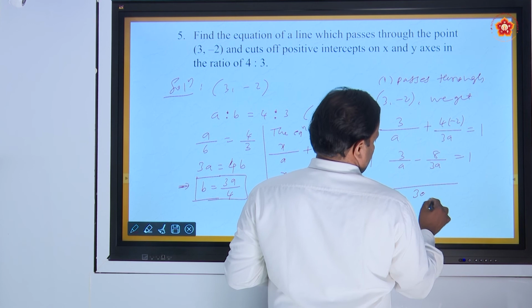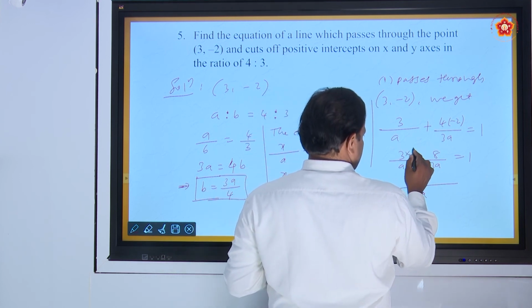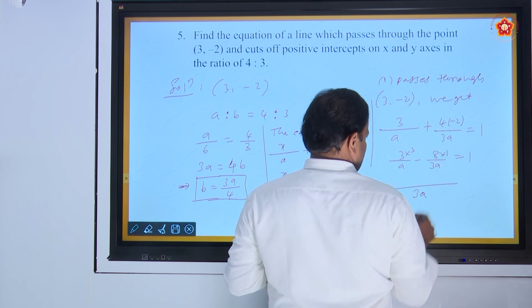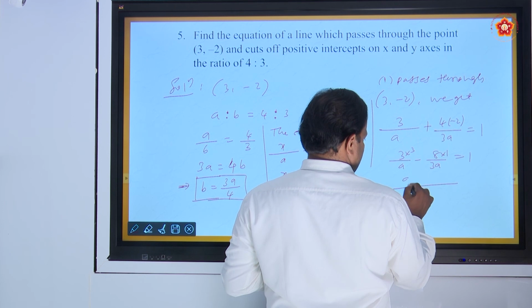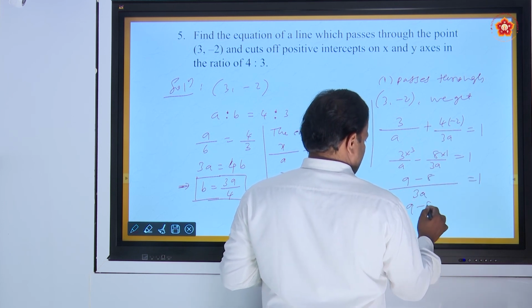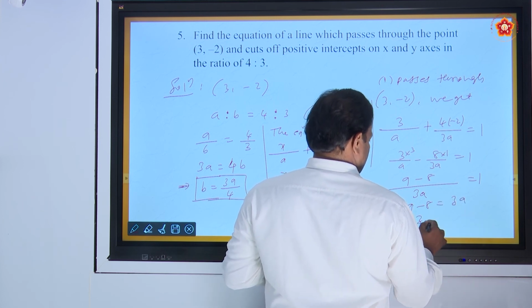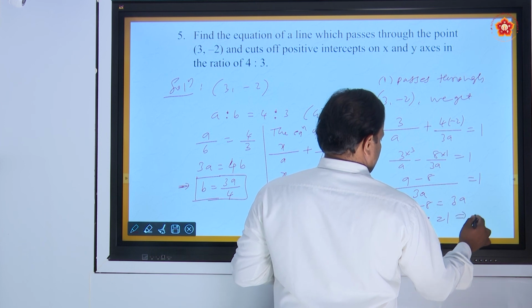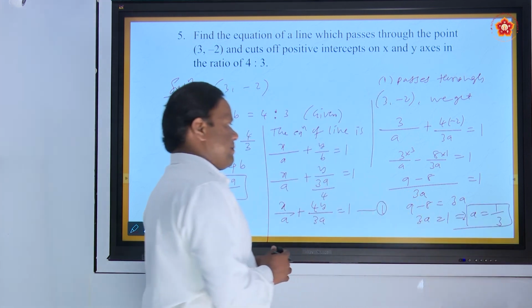LCM, 3A is the LCM. What happened here? With 3A, here it becomes 3 and here it becomes 1. 3A into 3, and 1 into 3. What is remaining is 9 minus 8 over 3A equal to 1. Cross multiplication: 3A is equal to 1, which implies A equal to 1 by 3.